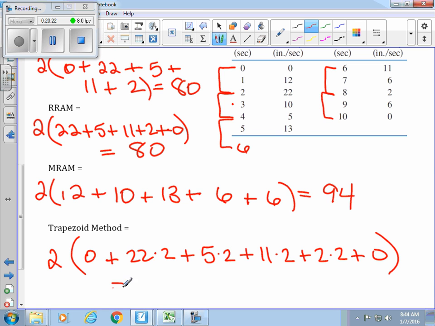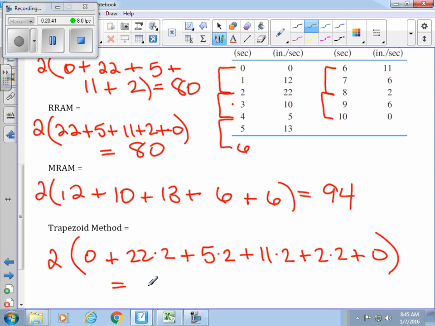Would you agree if you did everything right, this better be 80? Because isn't this those two things averaged together? A creative way to write an average. So trapezoidal approximation is the average of the left and right hand approximations.